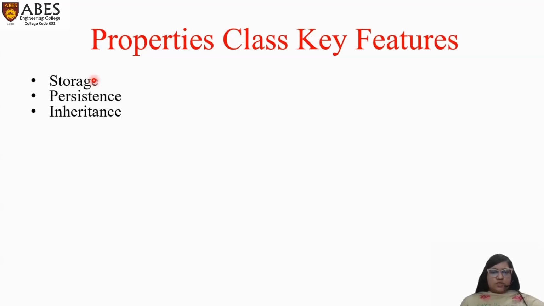As you know, it stores key-value pairs where both keys and values are strings. This makes it ideal for storing configuration data. Internally, it inherits all the methods and behavior of Hashtable, and thus it can store data efficiently, with constant time performance for basic operations, for example, get and put operations.